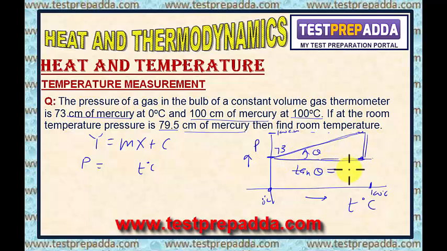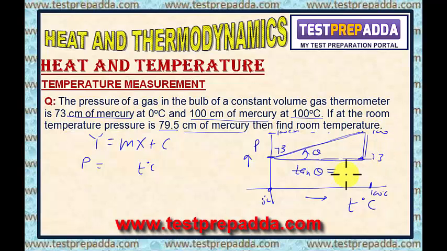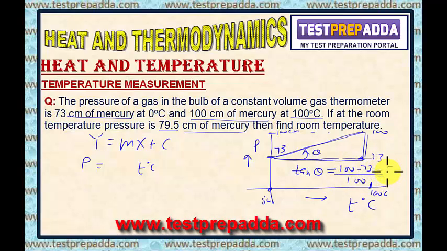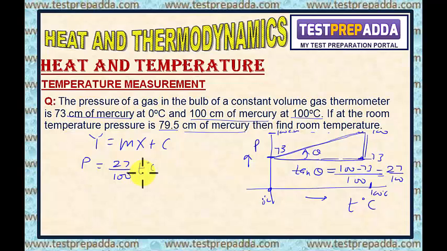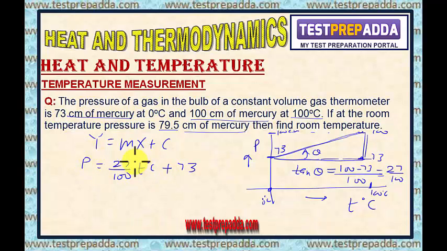It will be 100 minus 73 upon this length, which is 100. So it comes as 27 upon 100. If I substitute here 27 upon 100, plus what is the intercept? Intercept is 73. This way we get the relation between pressure and temperature.